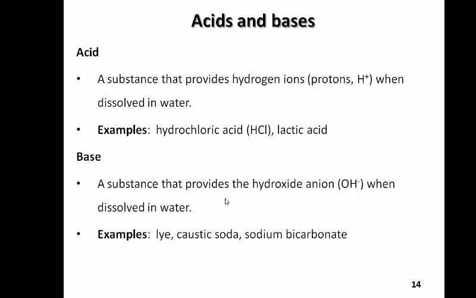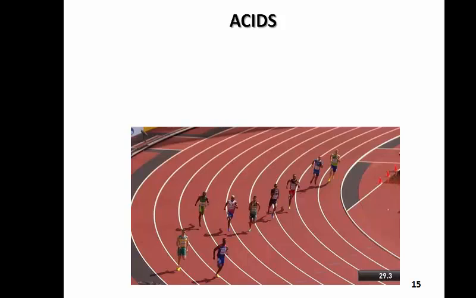Some examples include lye, caustic soda, and sodium bicarbonate. If people consume an antacid, a tablet that goes by some of the brand names of Tums or Rolaids, the person is ingesting sodium bicarbonate in an attempt to neutralize excessive acid produced by the stomach.